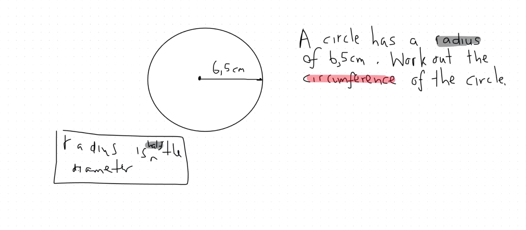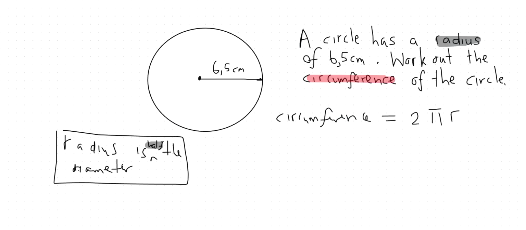So what is the formula for circumference? Circumference is equal to 2 pi r.